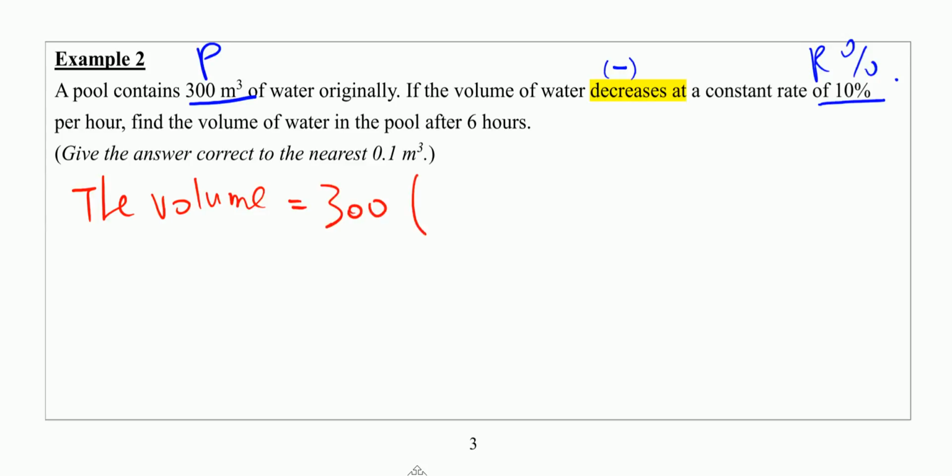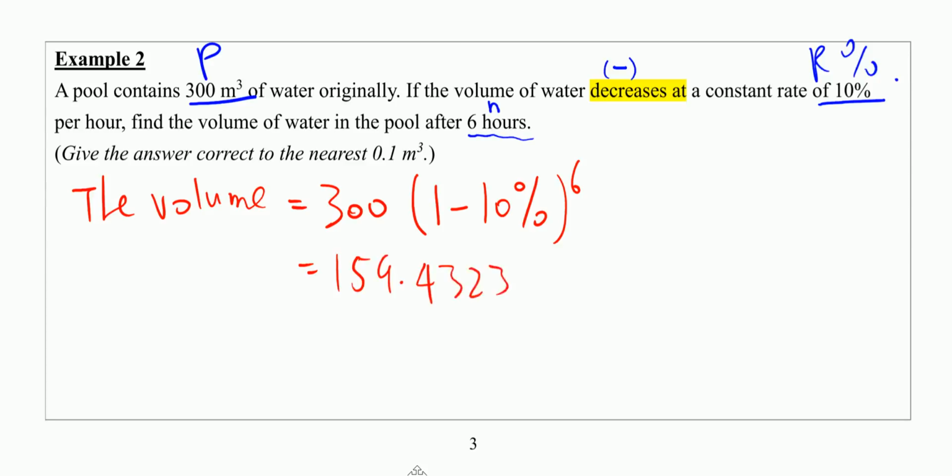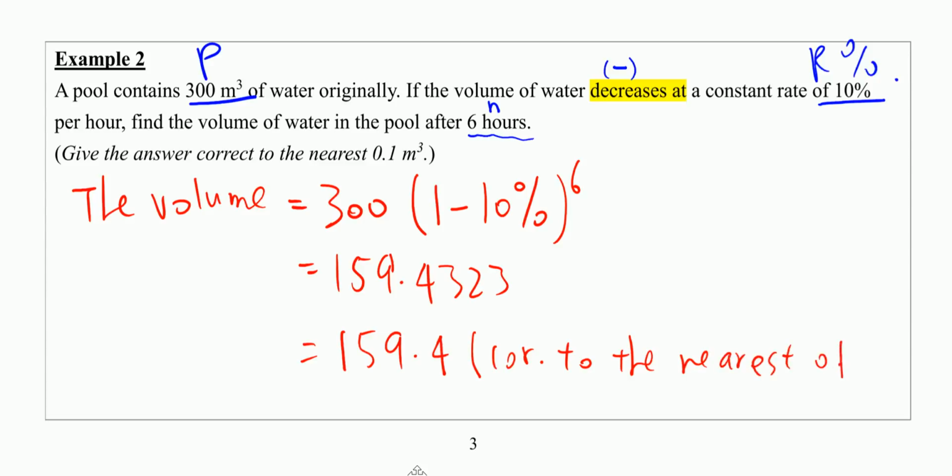The answer should be 300 times (1 minus 10%) to the power 6, since this time it is 6 hours; this is the n. Then correct our answer to the nearest 0.1 m cubed.